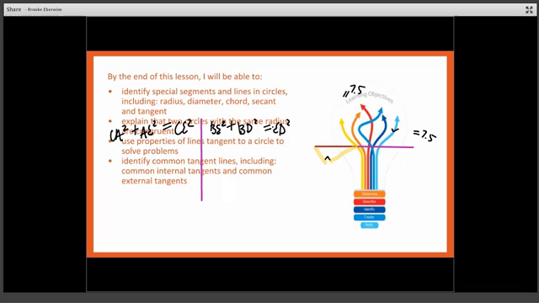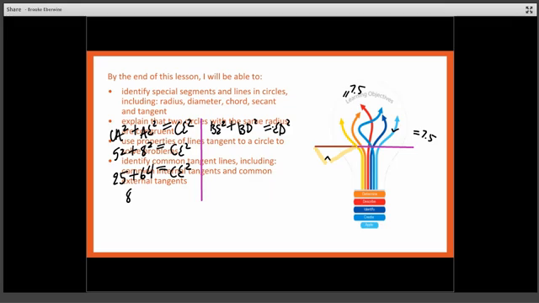So doing this, I know CA is 5, so we have 5 squared, plus AE is 8, plus 8 squared equals CE squared. Well, 5 squared is 25, 8 squared is 64. So 25 plus 64 gives me 89.